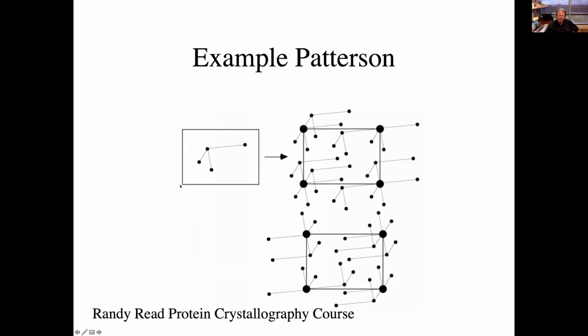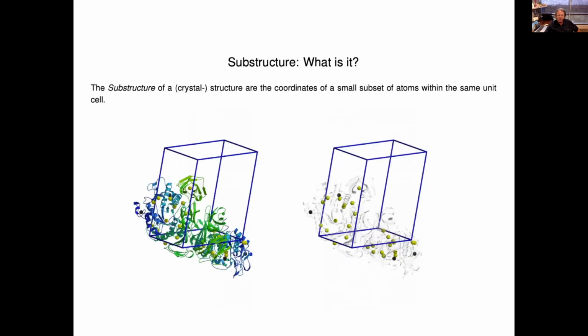There are lots of peaks at the origin because every atom falls on itself there. What we wind up with is a set of peaks in Patterson space that are sort of ghostly images of your actual molecule. And these nice illustrations, I should say, came from a protein crystallography course that Randy Read has put online.